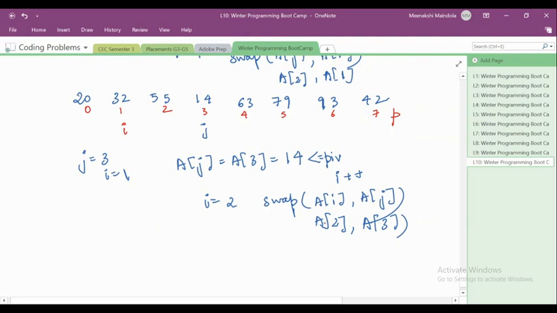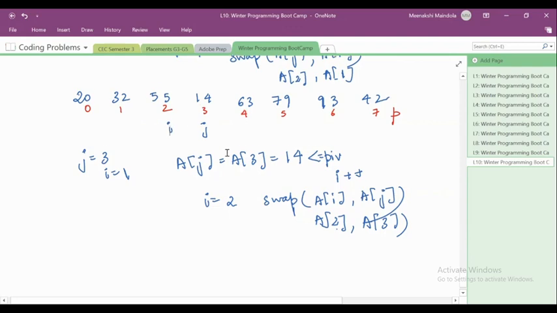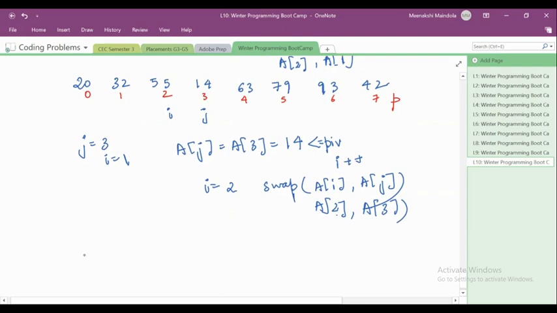So you are going to now swap a of 2 and a of 3. i has reached here. You are going to swap these two. So what is the output you are going to get after this iteration? How will the array look after you swap a of 2 and a of 3?